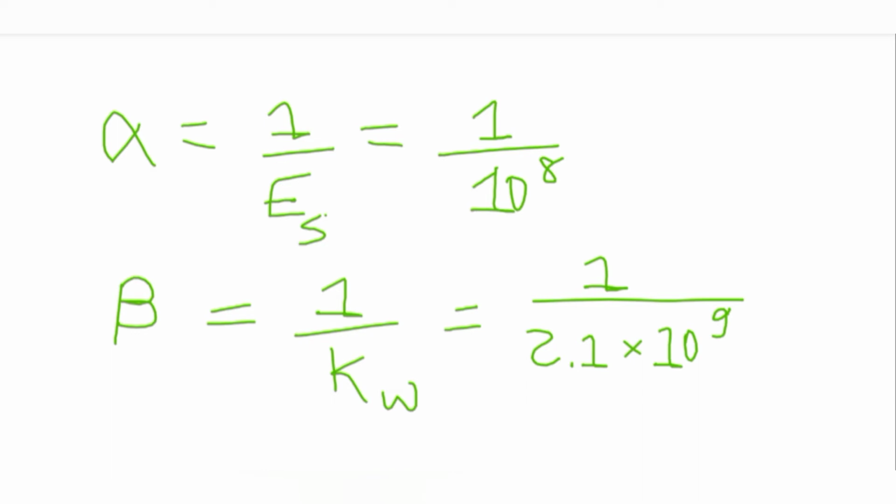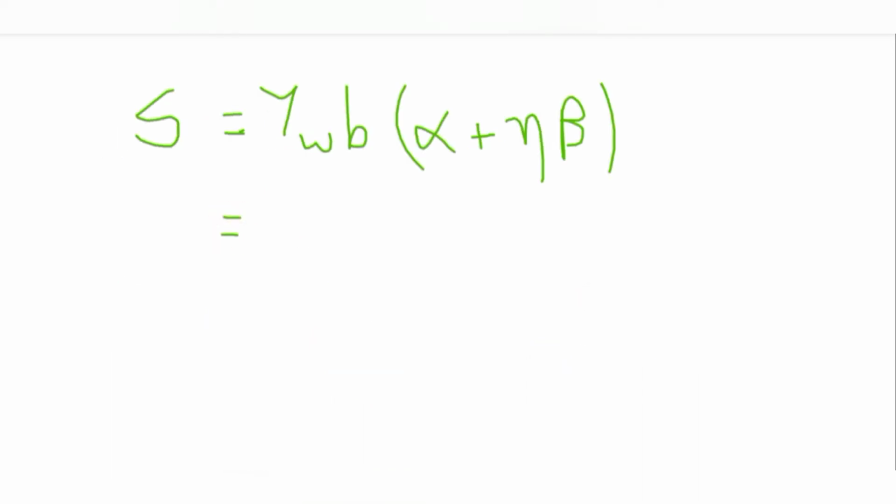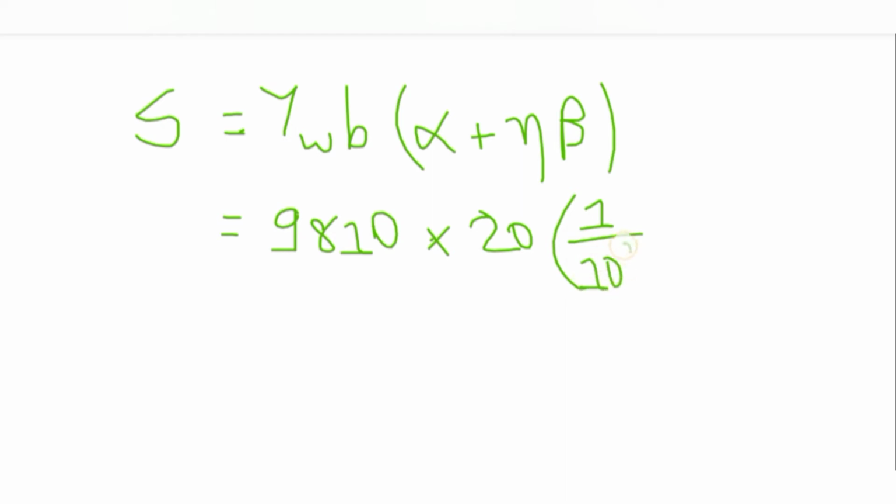Then we'll substitute all the values in this equation and find the storage coefficient. So gamma w is 9810 Newton per meter cube into B. B is 20 meter, that is the thickness of the aquifer. Alpha, that is 1 upon 10 raised to 8, plus porosity 0.2 and beta is 1 upon 2.1 into 10 raised to 9.